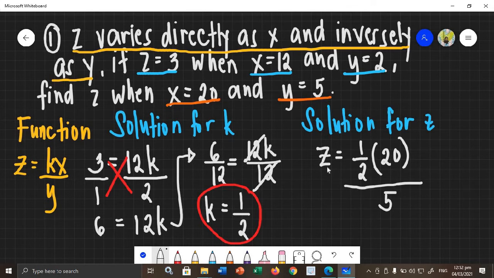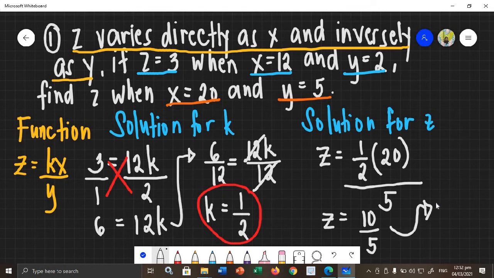Now, here in our problem, as you can see, we need to simplify yung numerator muna, no? 1/2 of 20. Pag minultiply ba natin si 1/2 kay 20, that will be equal to 10, di ba? Over 5. Now, we have 10 over 5.